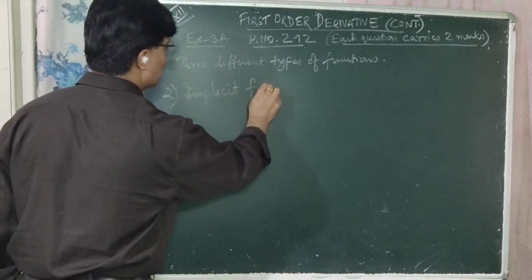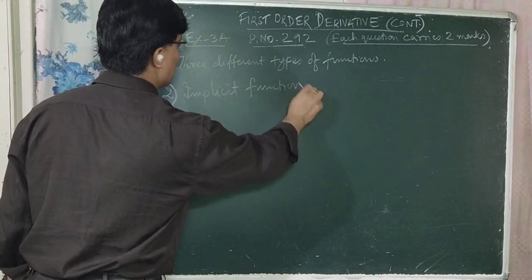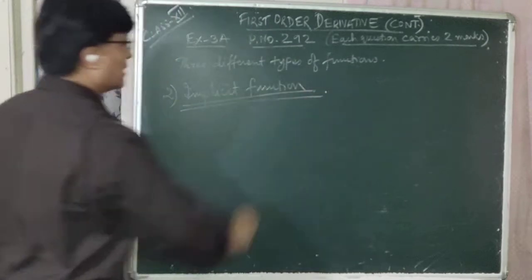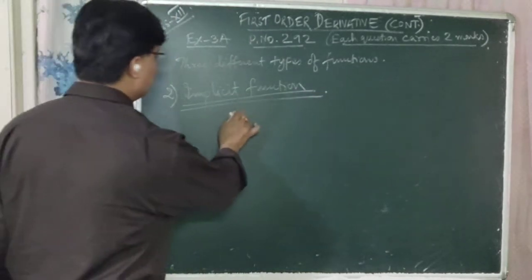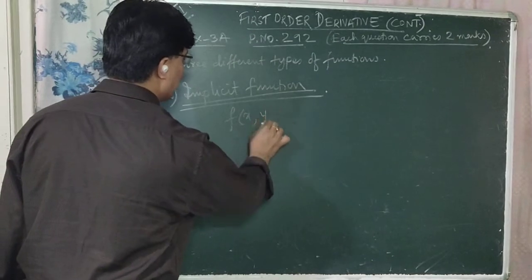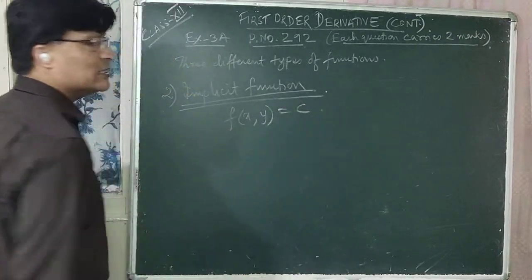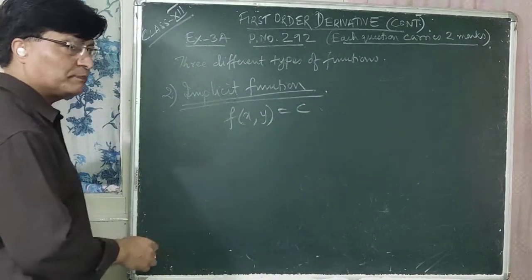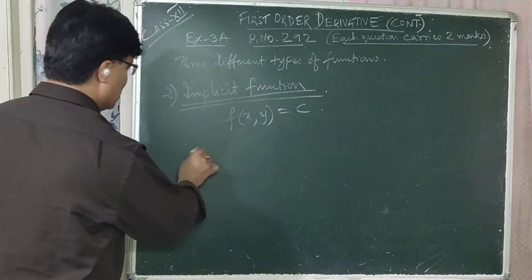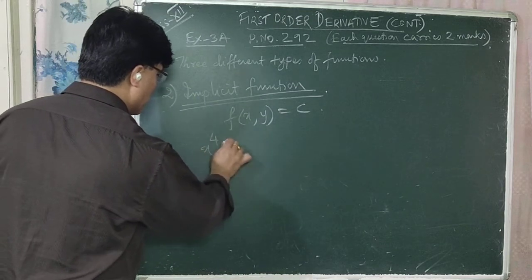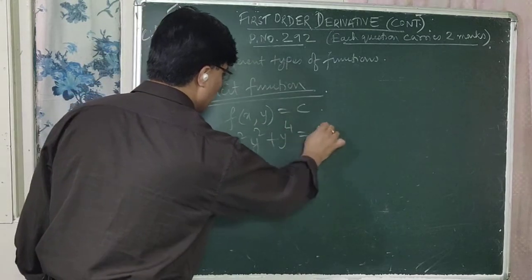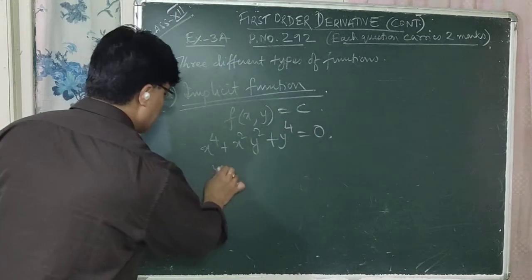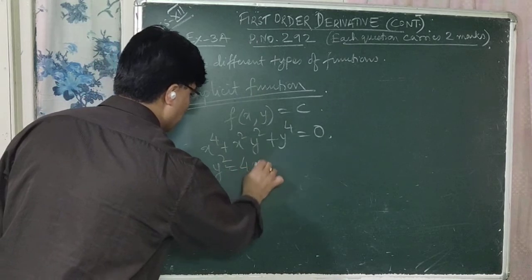So what type of function is known as implicit function? Like if you have f of x, y is equal to some constant c. Examples are x to the power 4 plus x square y square plus y to the power 4 is equal to 0. It may be y square is equal to 4ax.